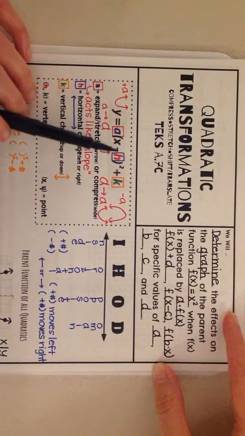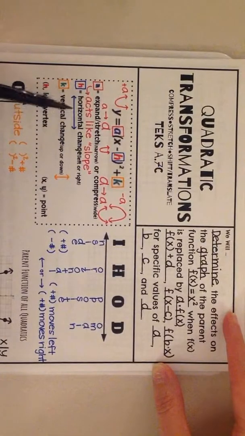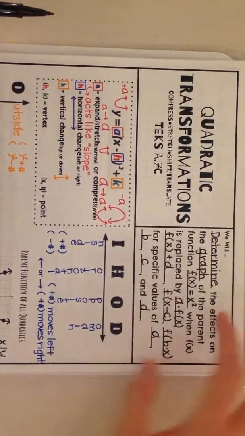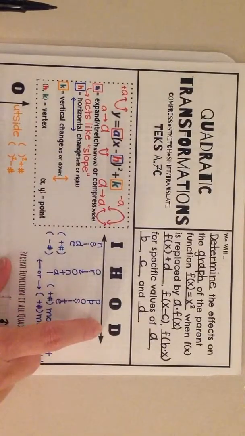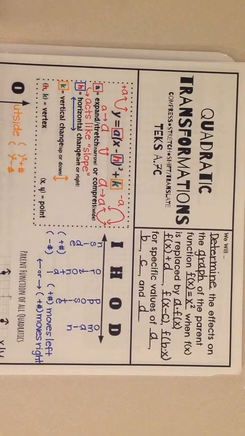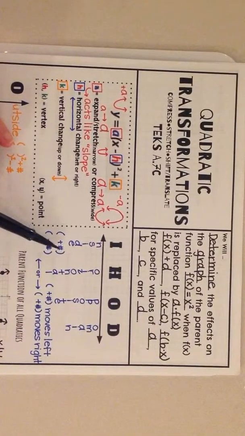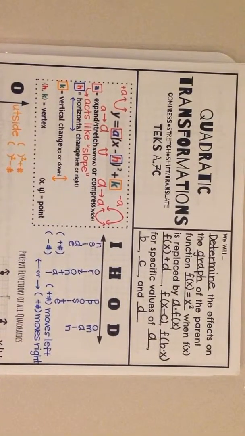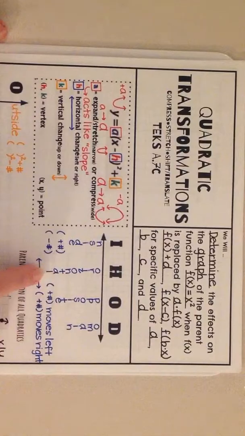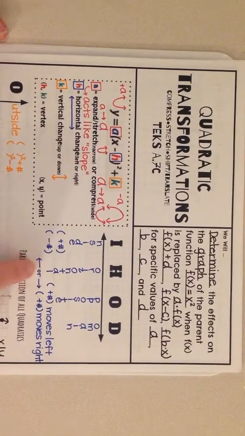Okay? Your H, that's the number inside, that's going to cause a horizontal change. So remember these letters IHOD? We talked about this with linear equations before Christmas. I stands for inside, so it's the number being added or subtracted inside the parentheses. And the H stands for horizontal to remind me that this change is going to be left or right.